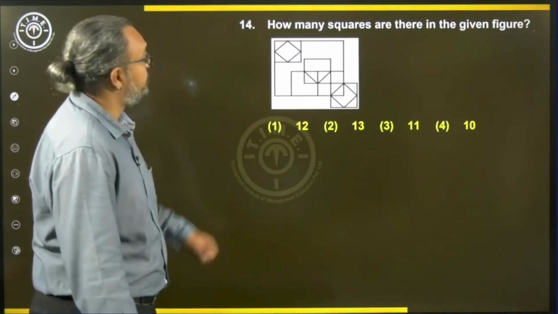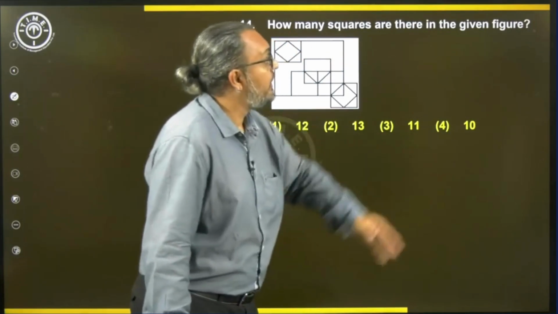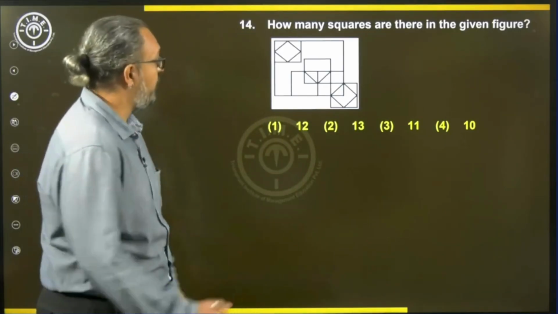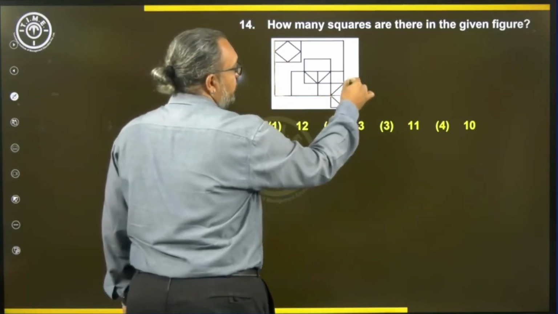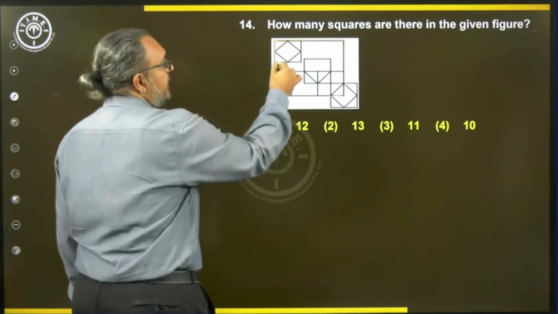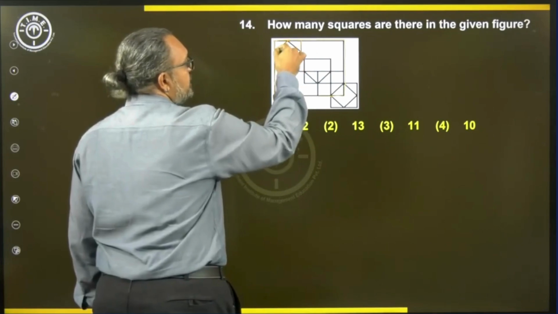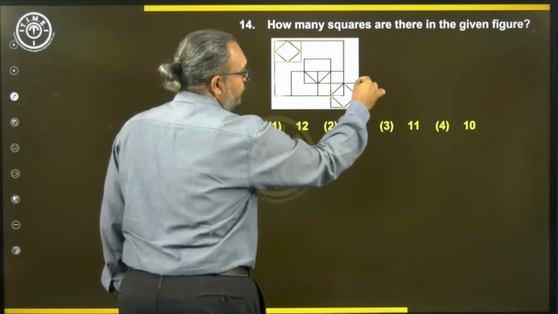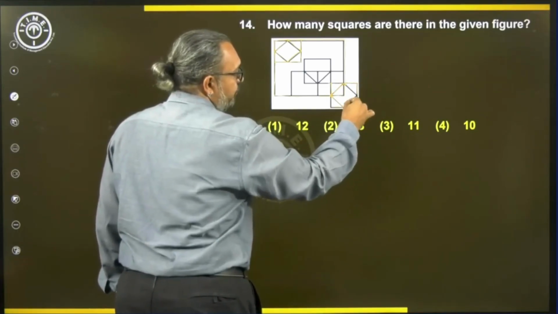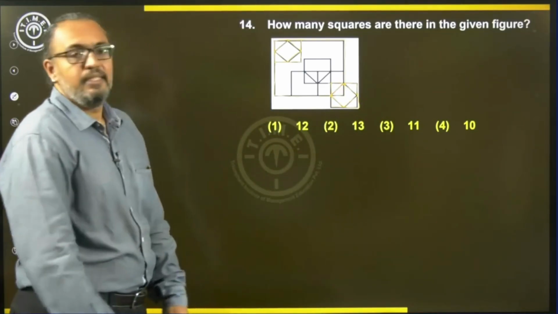Then, how many squares are there in the given figure? Okay, square. So, the first is this big square that you have here, correct? Then this is the second one, then this is the third one. Similarly, here you have, this is the fourth and this is the fifth, correct?